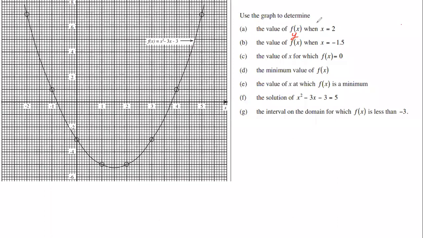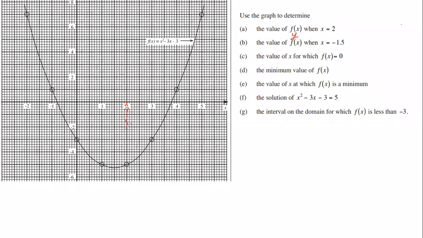So we go to x is equal to 2. Where is 2, by the way? We go to 2. Then if I go up, I'll not meet the curve. So I'll go where?